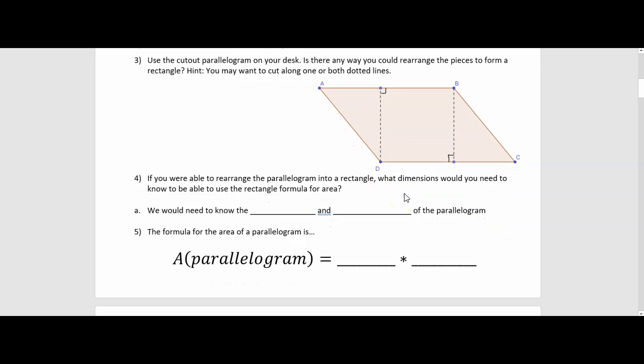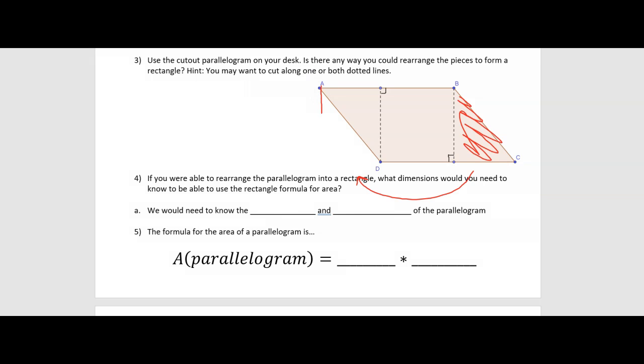And if you have scissors, you could print out an extra page and actually do this on your own. I'm going to try to sketch it for you on the screen. But could you make some cuts here and maybe make this parallelogram look like a rectangle instead? Well, yes, we could remove this piece right here and bring it over to this side.